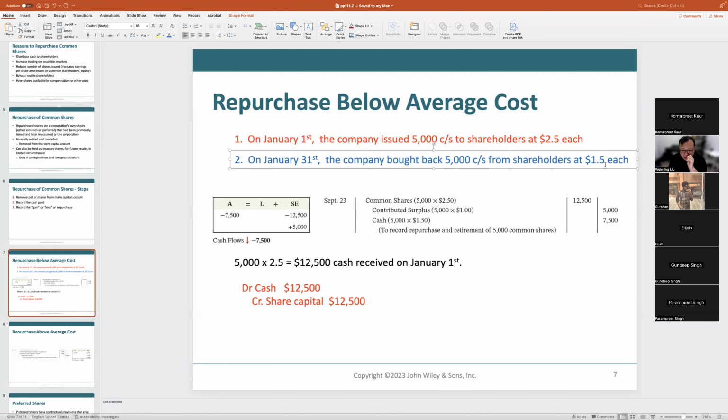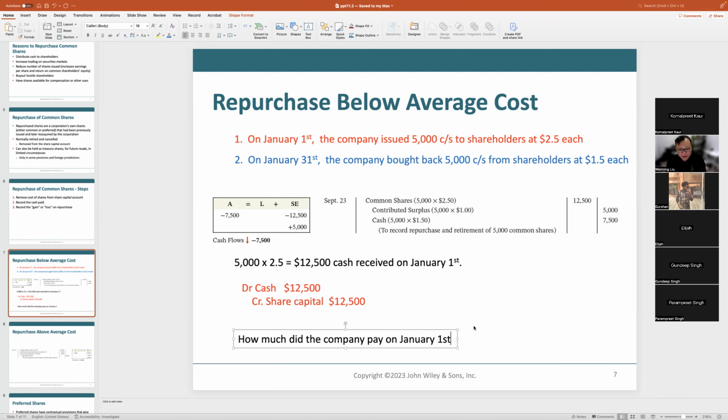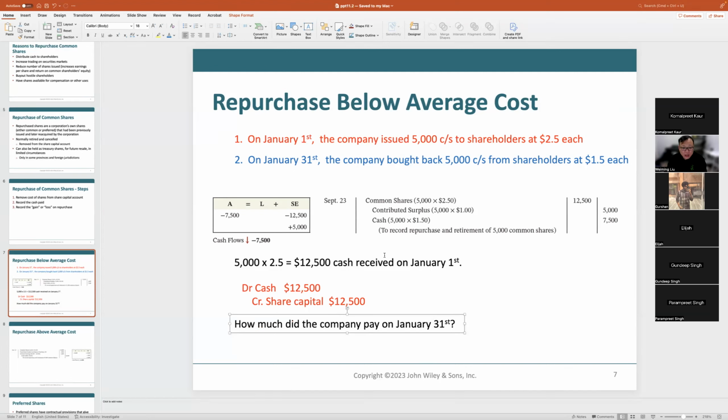$1.50. Okay, so now let's calculate how much the company paid on January 31st. How much? Still 5,000 shares, but they only pay $1.50 for each share.